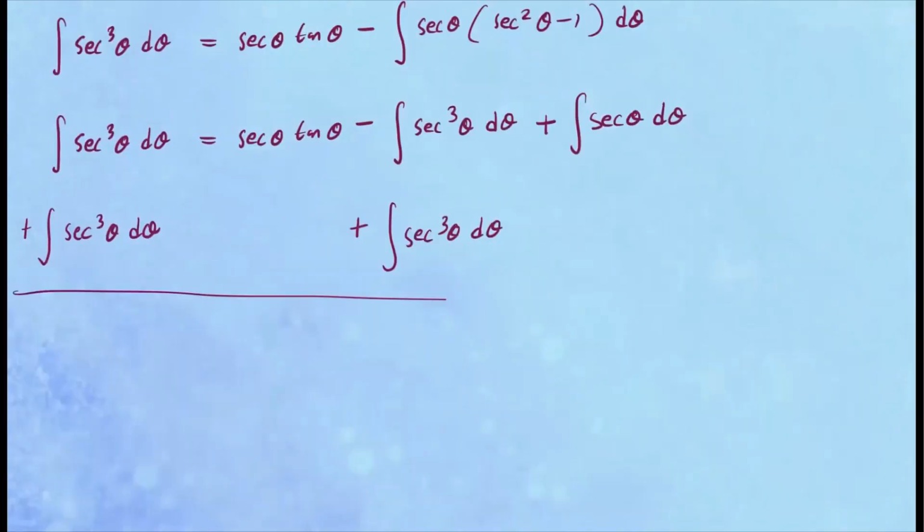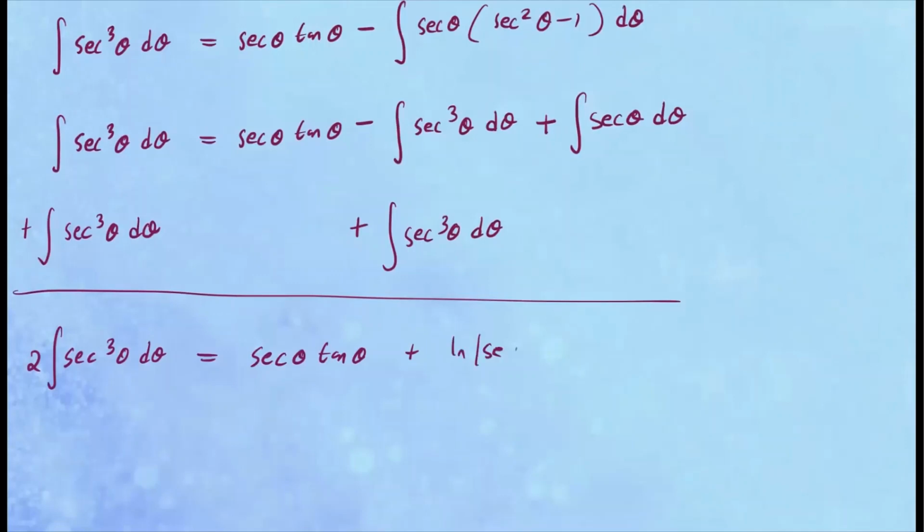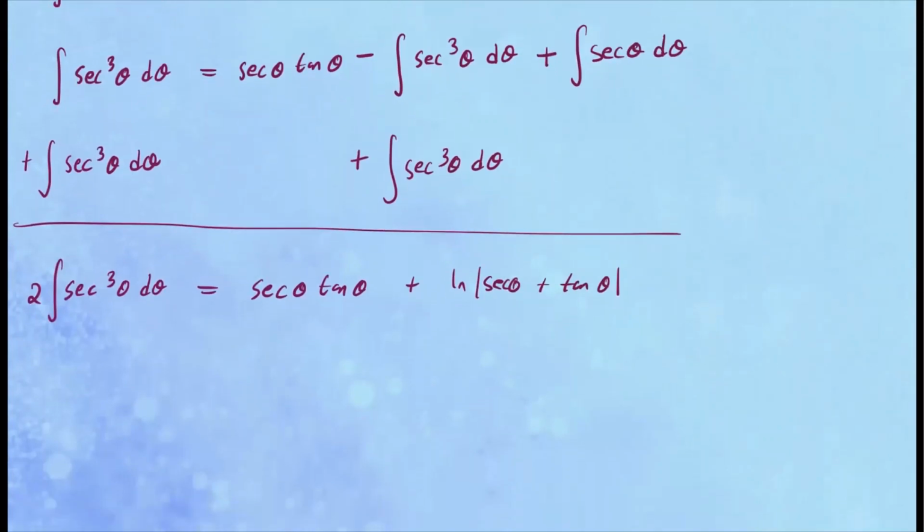And now once you do that, you'll have two of the same integral. 2 times the integral of secant cubed theta d theta is equal to the rest of it, tangent theta secant theta, plus that integral which I mentioned, this is ln of secant theta plus tangent theta. And then of course plus c, where we could write it or just hold on to it.